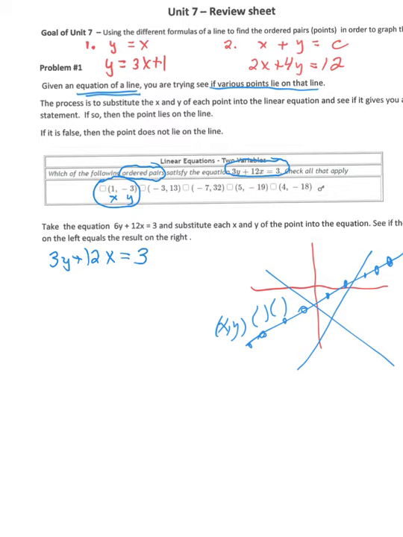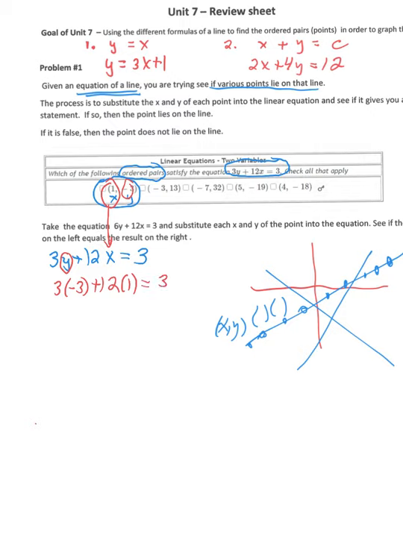I'm going to take the first point and plug it into that equation. The first thing I see is the y, and my y is negative 3. So I have 3 times negative 3 plus 12, and my x turns out to be 1, so I put the 1 in there, and that's supposed to equal 3.